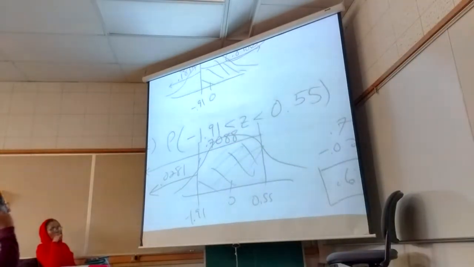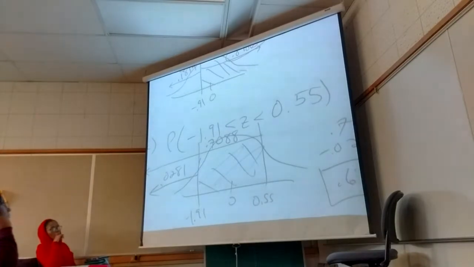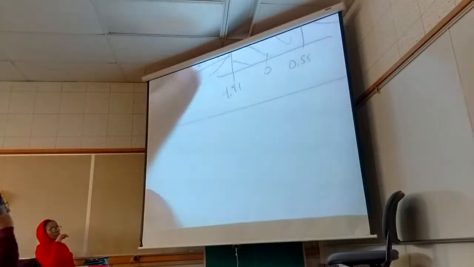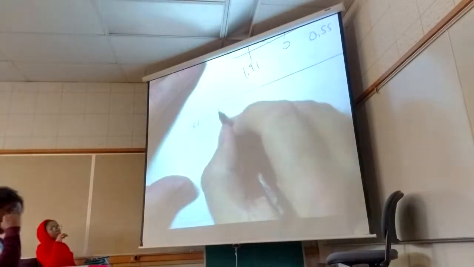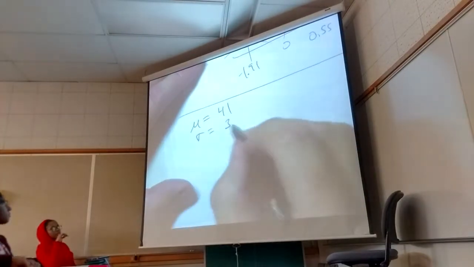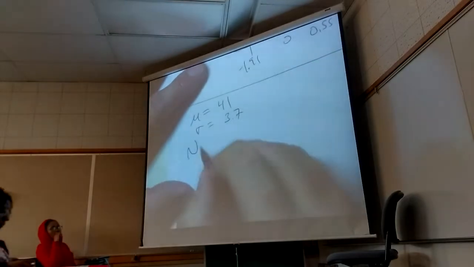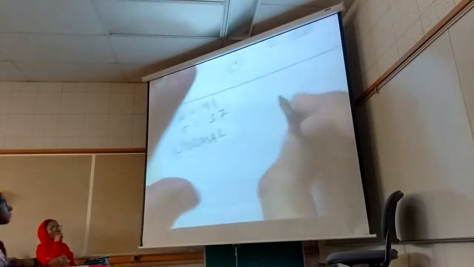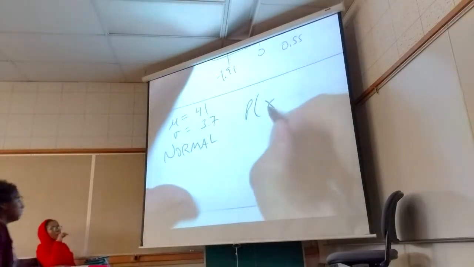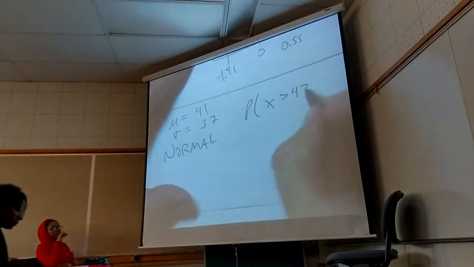All right, so what if I give you a problem that doesn't have a z-score? Like I tell you the mean is 41 and the standard deviation is 3.7. I tell you it's normal. And I ask you, what's the probability that x is more than 43?